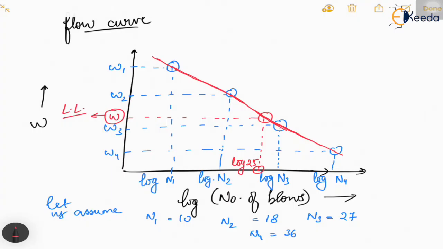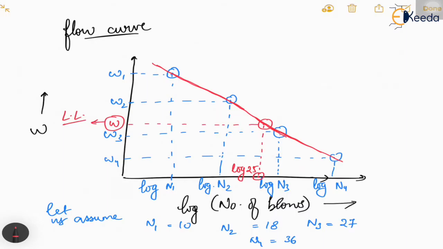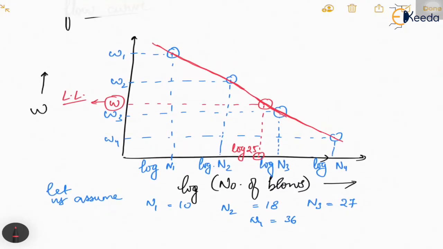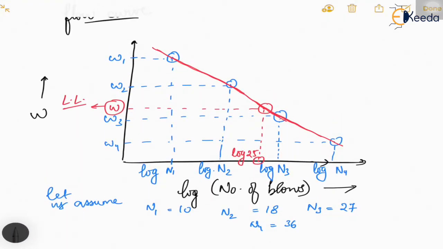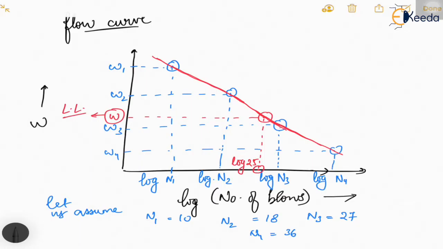Okay, so this is about the flow curve. Let us discuss some important things related to this flow curve. The slope of this flow curve is termed the flow index. In short, we generally write it as IF.